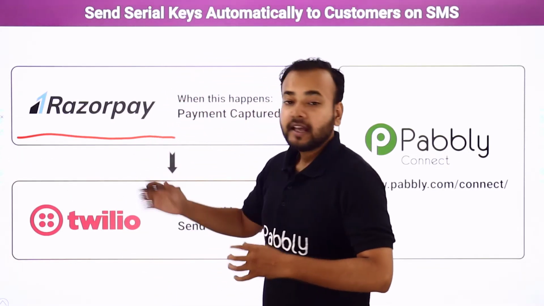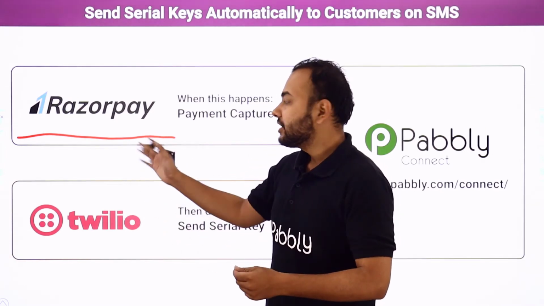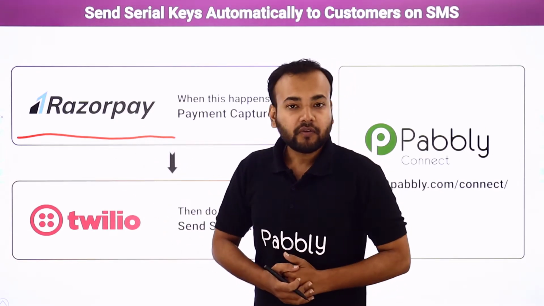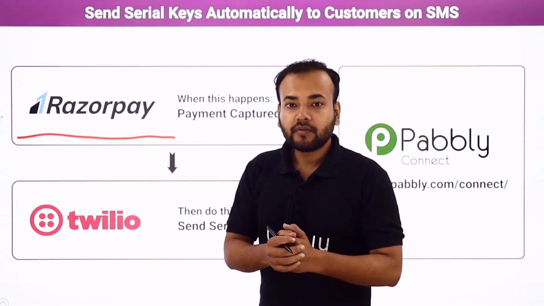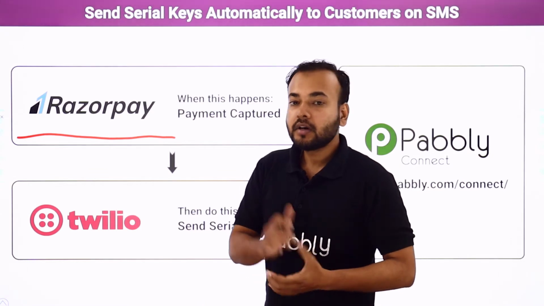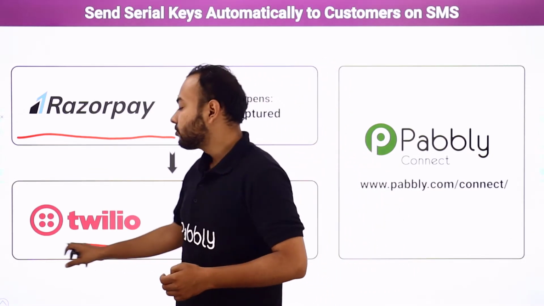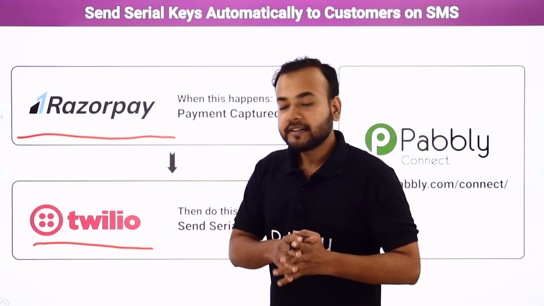So guys, Razorpay is a payment gateway application, and you have created a payment page here to receive the payments for your software. Now you want to send the serial key of that software via SMS to your customers, and to send the SMS you are using an application called Twilio. So guys, by Twilio you can send bulk SMS, right?